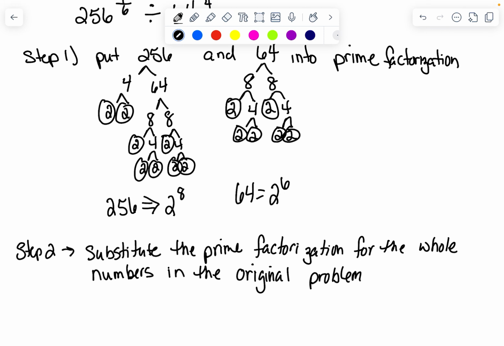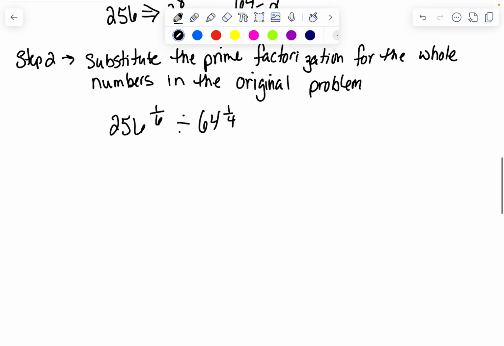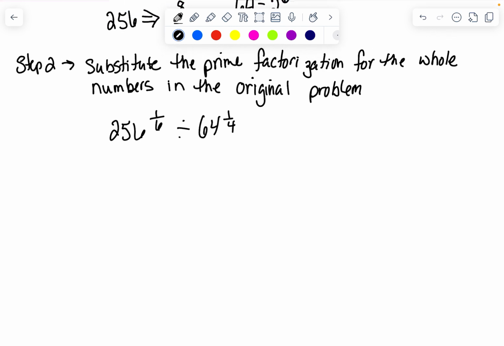Now let's remember our original problem is 256 to the 1/6 divided by 64 to the 1/4. Let's substitute in our prime factorization. So we see it's 2 to the 8 to the 1/6 divided by 2 to the 6th to the 1/4.